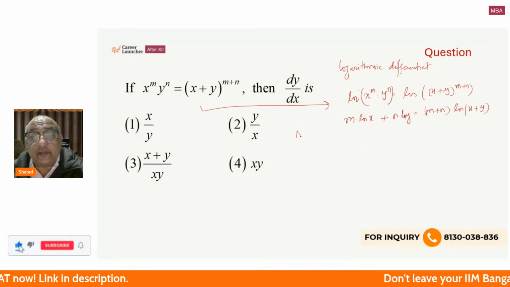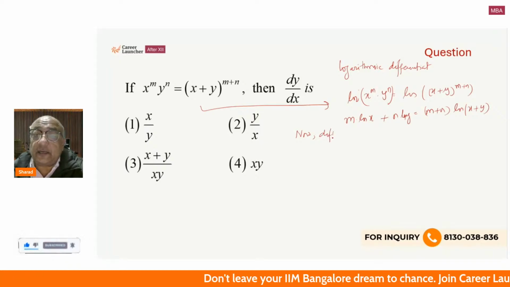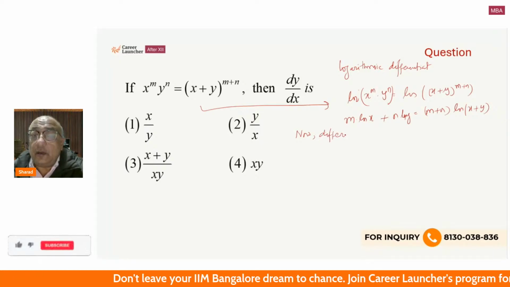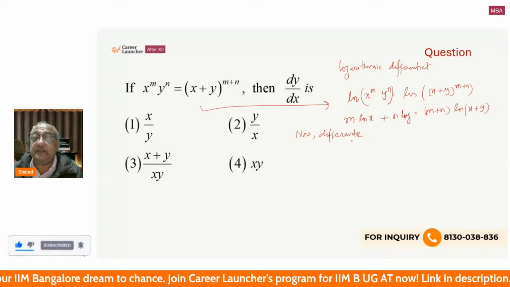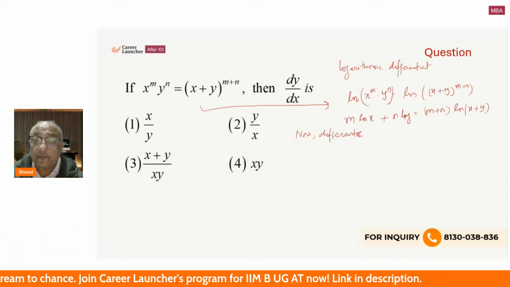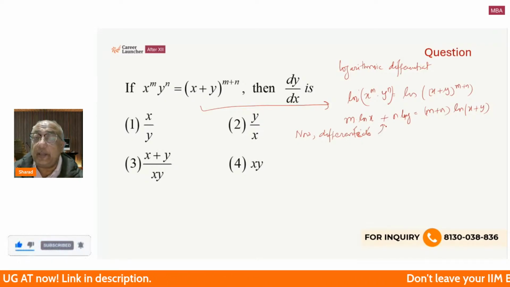And then now differentiate. So what is the funda? If there is a complex term which has a lot of powers, it makes sense that we differentiate only after doing log of this.